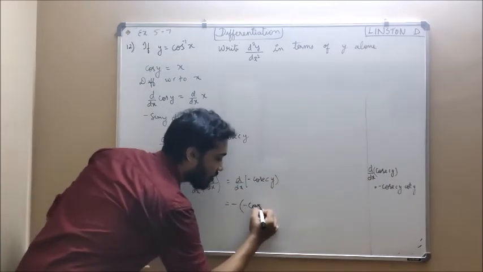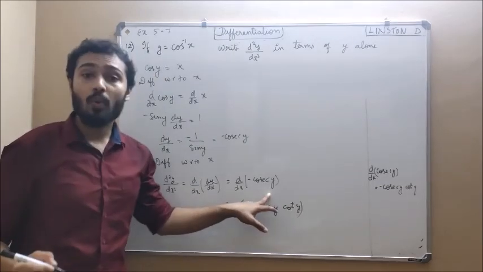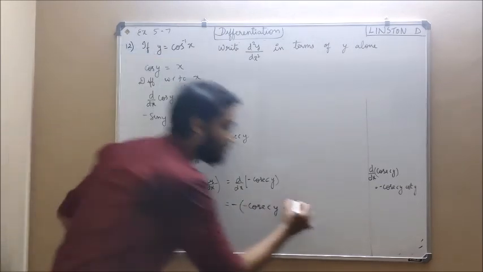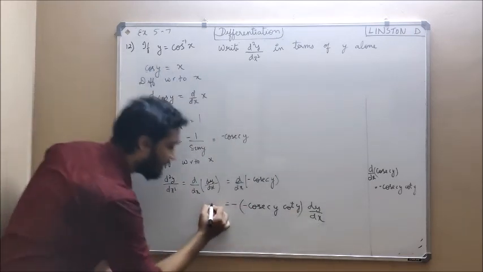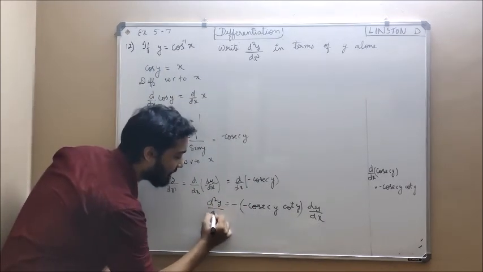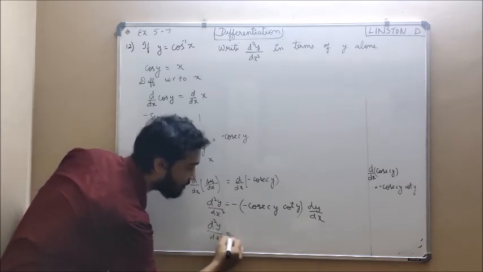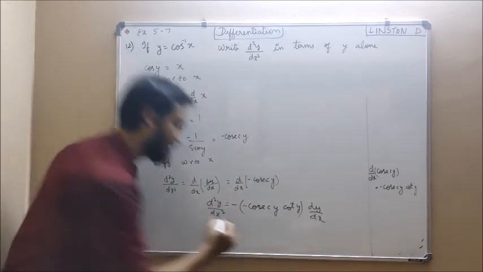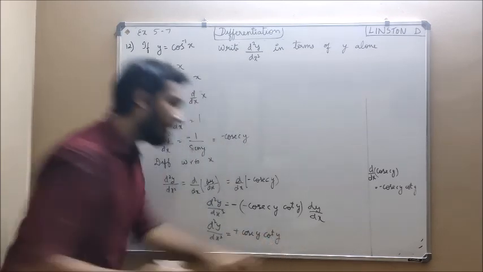So minus cosec y cot y. Next I told you y is a dependent variable, so into dy by dx. So d square y by dx square equal to minus minus plus cosec y cot y into dy by dx.